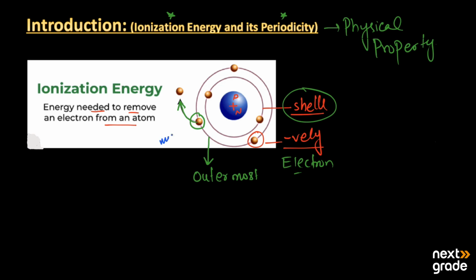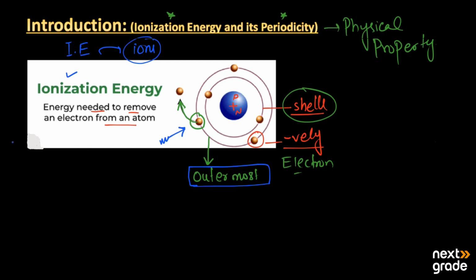That energy, needed to remove the electron from the atom, is known as ionization energy. As the name denotes, ionization energy means the energy needed for the formation of ions. In this process, we just have to remove the electron from the valence shell.